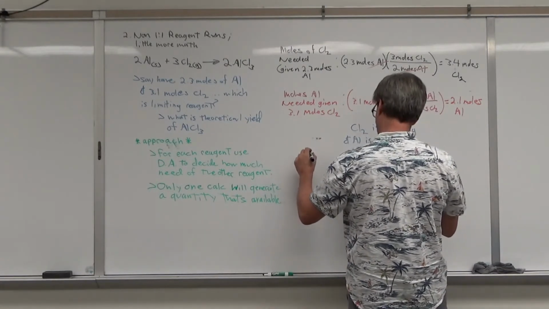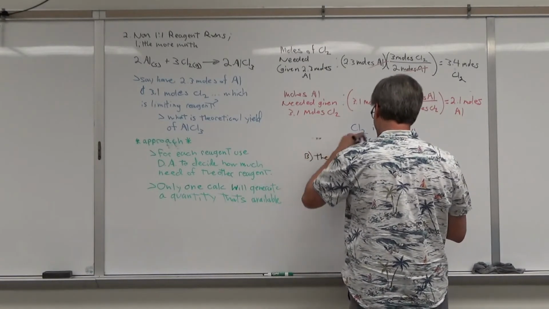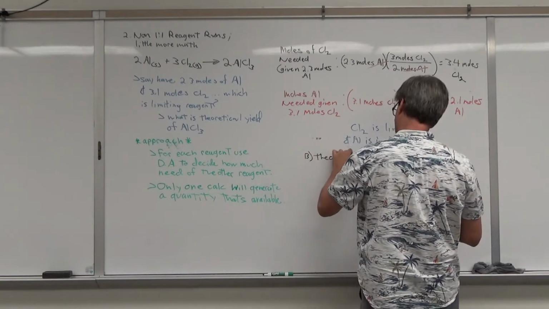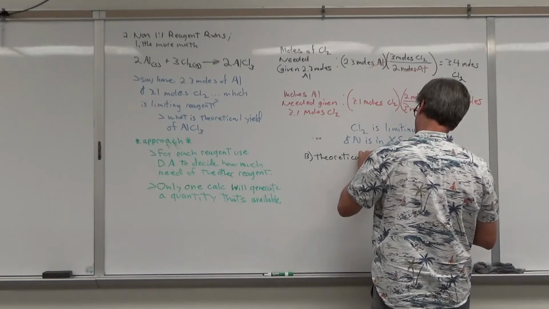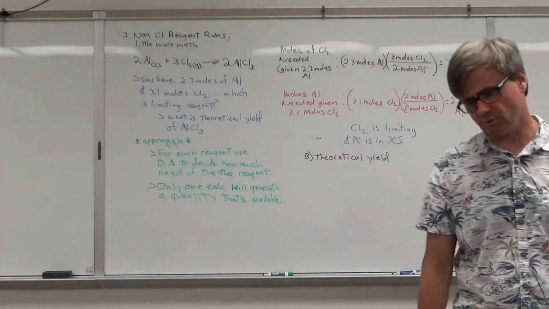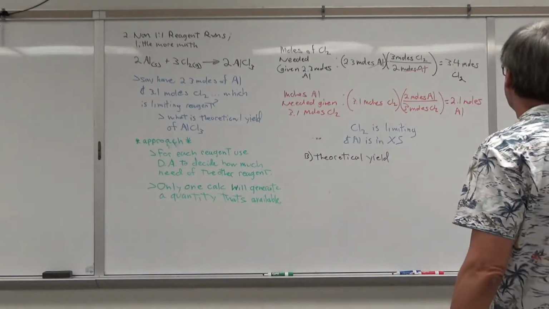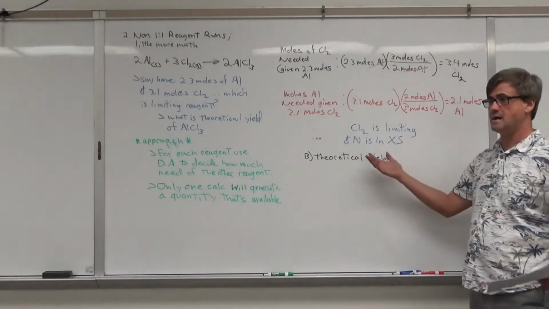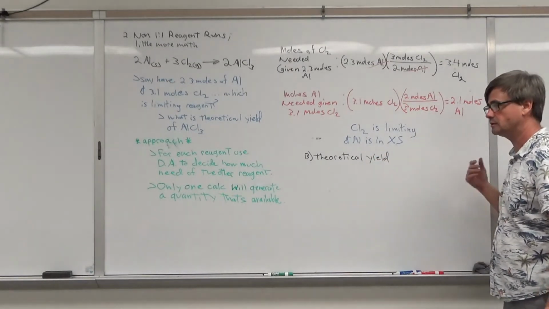Theoretical yield calculations. That's not going to be too hard. Once we figure out what the limiting reagent is, we can do one of these dimensional analyses to figure out what mass of product we could potentially make.